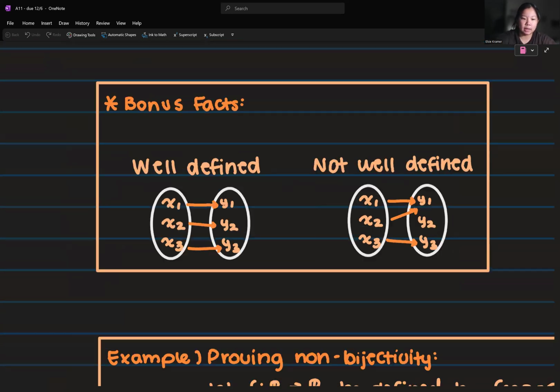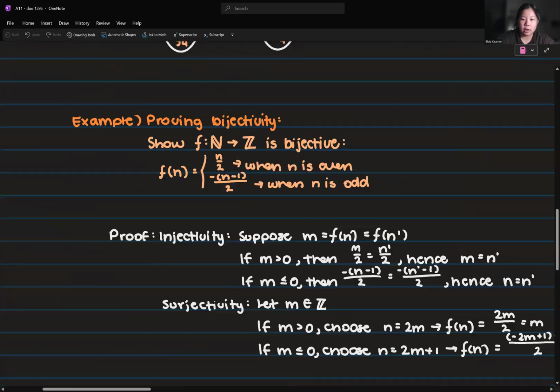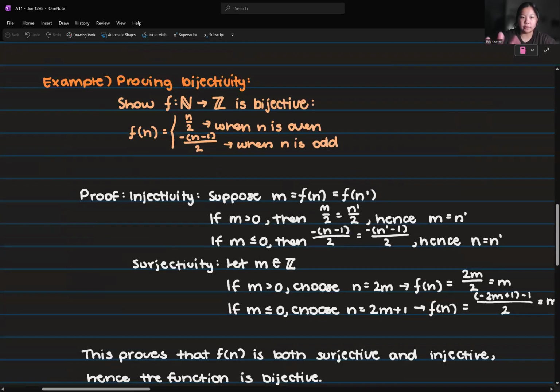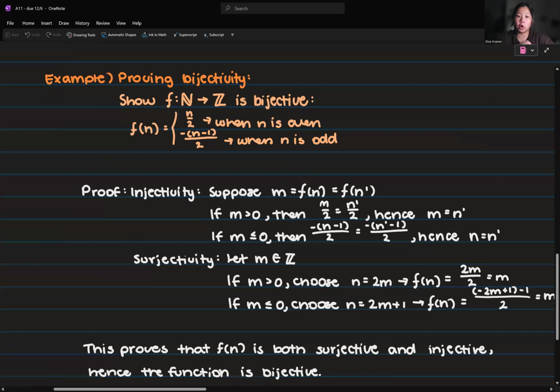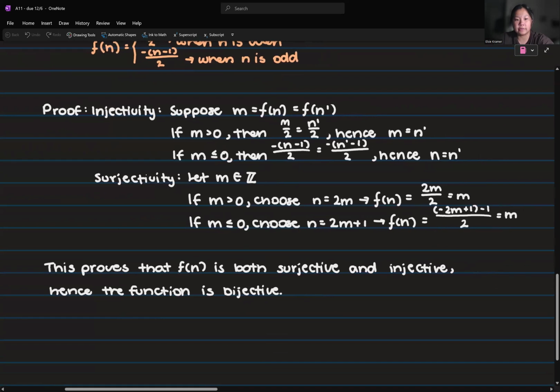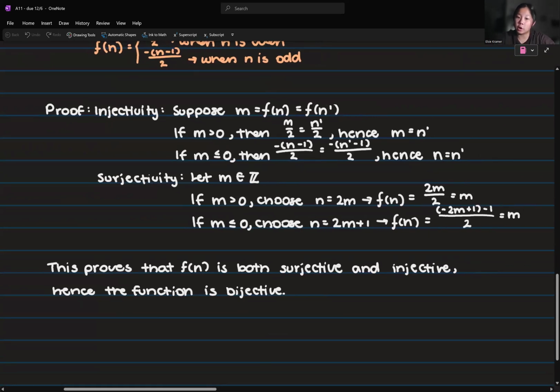For my example, I wanted to show f from N to Z is bijective by using the equation f of n. When n is even, you use n divided by 2, and when it's odd, you use the negative quantity n minus 1 over 2. For the proof of injectivity, suppose m equals f of n, which equals f of n prime.